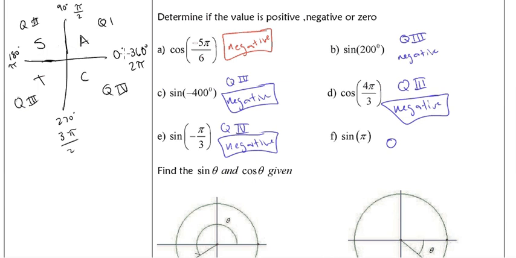Let's get one that's in quadrant 2. If we had the sine of 100 degrees, that would get us past 90 and into quadrant 2. Remember that the sine is talking about the y value, and so here in quadrant 2, the y value would be positive, so sine is positive. So you can have positive, we just happen to have examples that were all negative. All right, I hope that helps.